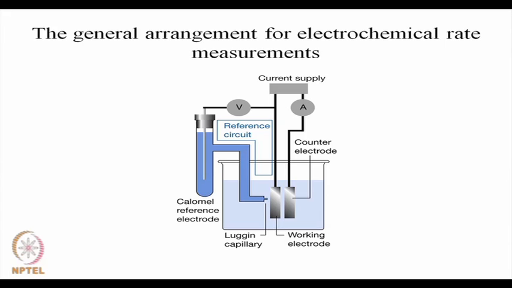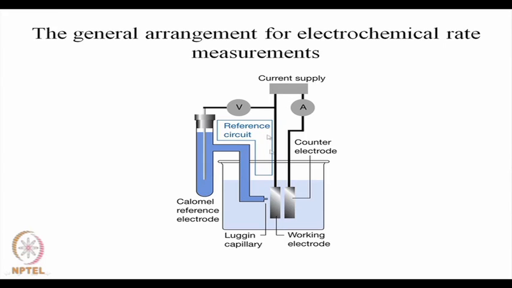then you supply current from here. It is a source of electricity. There is a counter electrode, there is a working electrode, and you have got your reference electrode. Voltage is measured with respect to your reference electrode, that is, how much potential difference is created as a result of supply of current between these two.